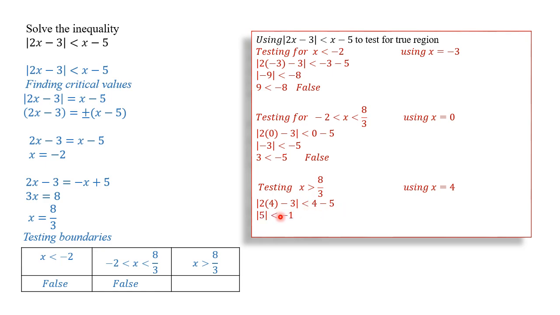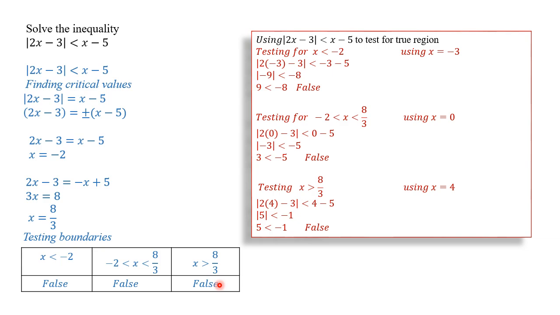This is going to give us modulus of 5 is less than minus 1. The modulus of 5 is still 5, since it's the absolute value of 5. So 5 is less than minus 1 is a false statement, which also makes the region of x greater than 8/3 false.